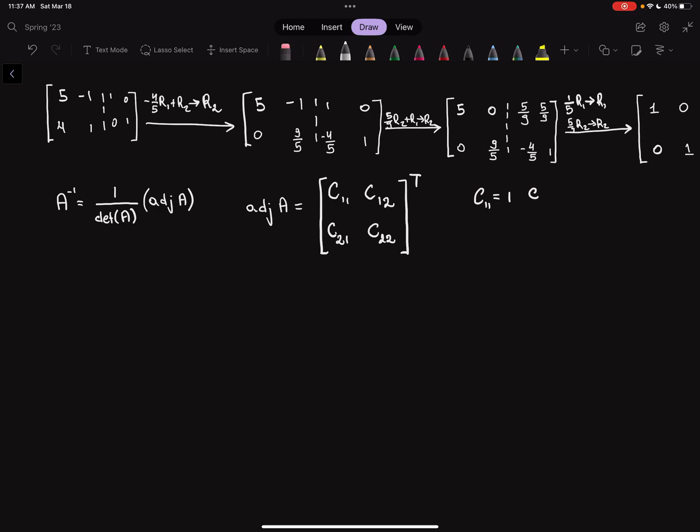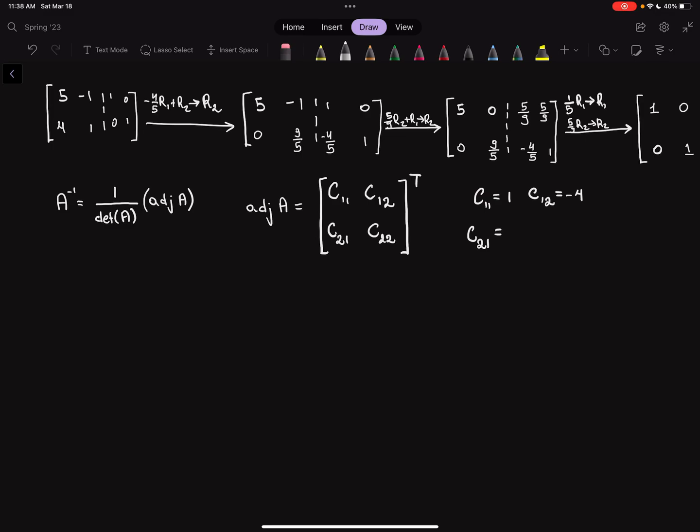Now, C12, we take out the first row, second column, we get that the magnitude has to be 4. But we notice that the subscripts add to an odd number, which means that it's got to have a negative in front.